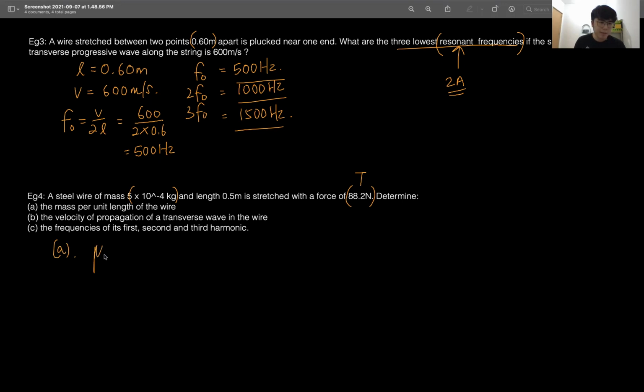Mass per unit length is the mu. So 5 times 10 to the minus 4 divided by 0.5. That is 1 times 10 to the minus 3 kg m minus 1.